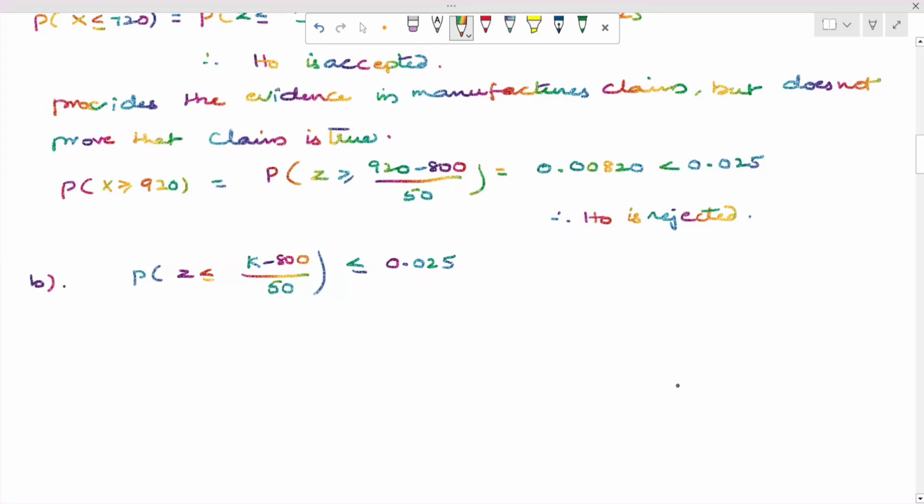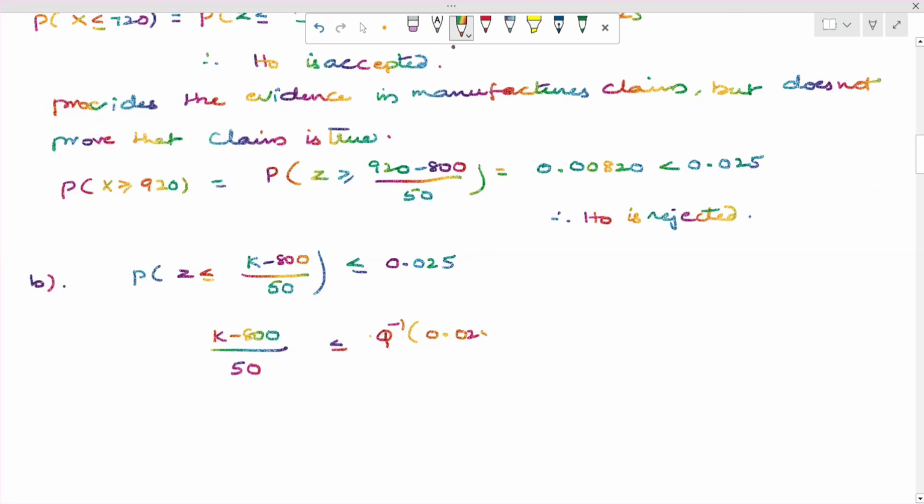Now if you simplify this, k minus 800 by 50 is less than or equal to the inverse of this one, the inverse of the normal distribution. The inverse of what is that over here?